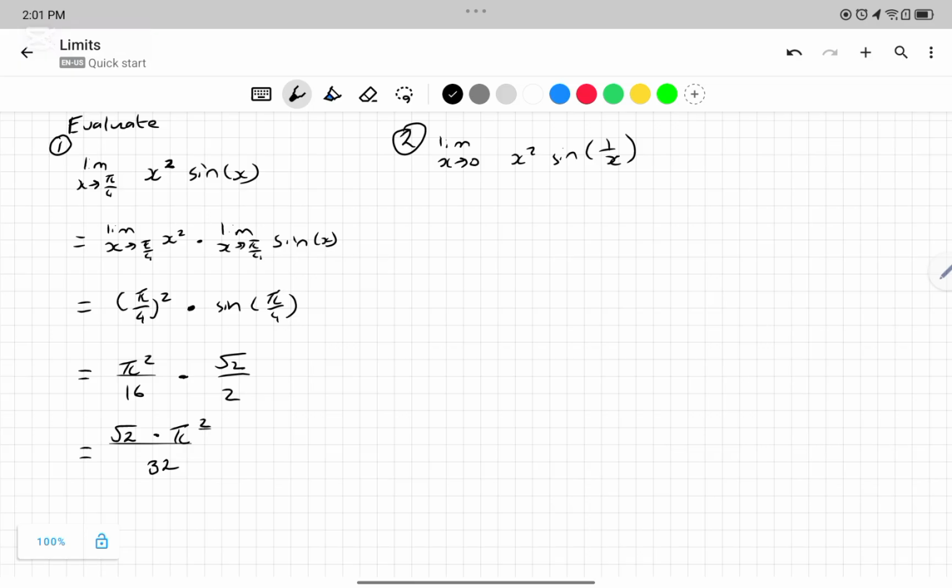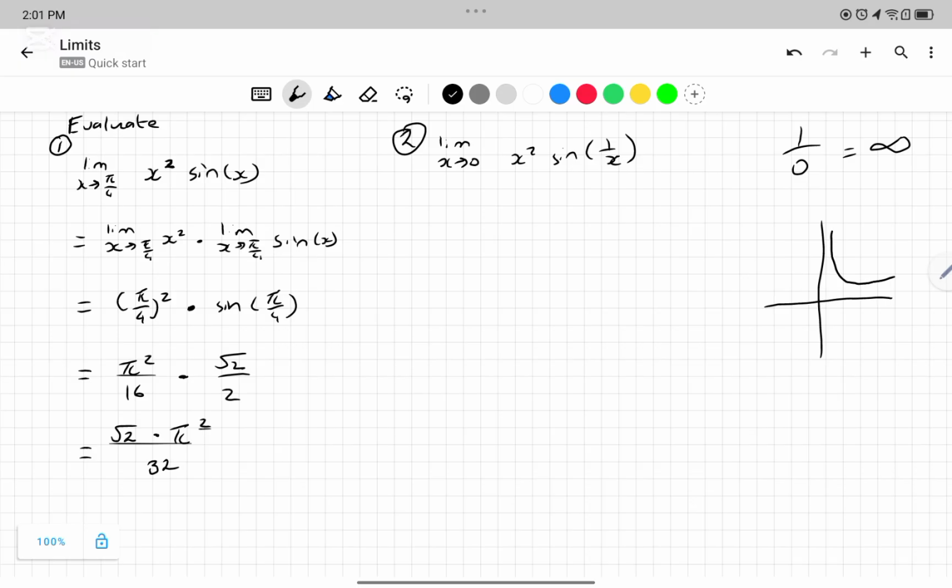But notice that when we substitute 0 into sine 1 over x, we get, I like to say infinity because 1 over 0 should give us infinity.